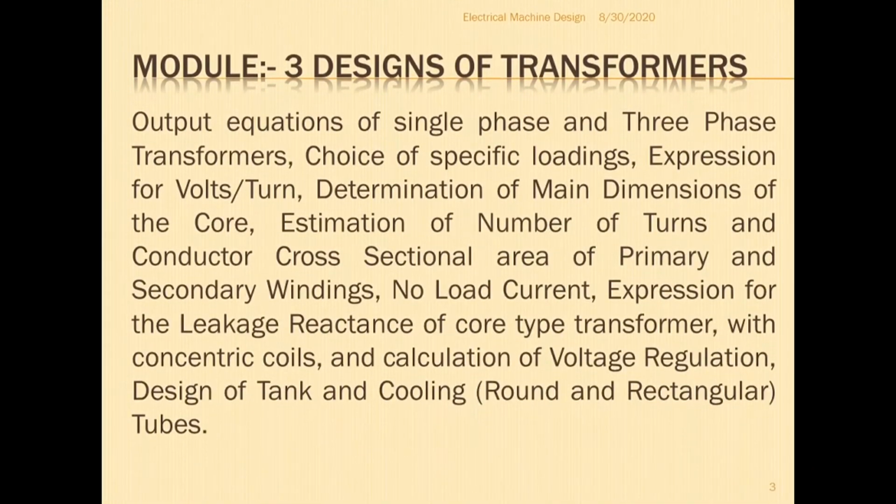Next, module number 3, that is design of transformers. Here also you will be learning about the output equations of single phase and three phase transformers, correct, and choice of specific loading, magnetic loading and electrical loadings, expression for volts per turn, then determination of main dimensions of the core, what is meant by core and what are its dimensions, then estimation of number of turns in the winding, and conductor cross sectional area of primary and secondary winding, correct.